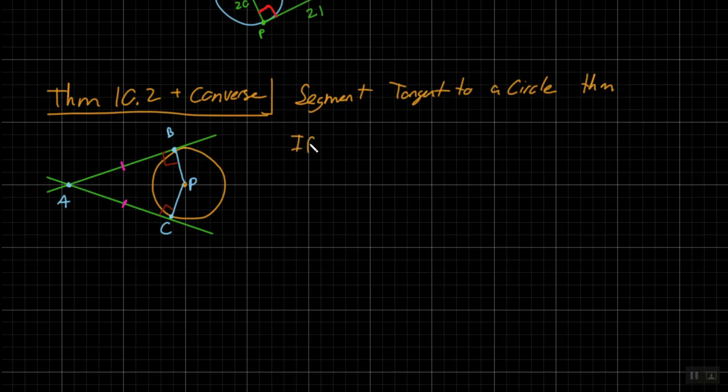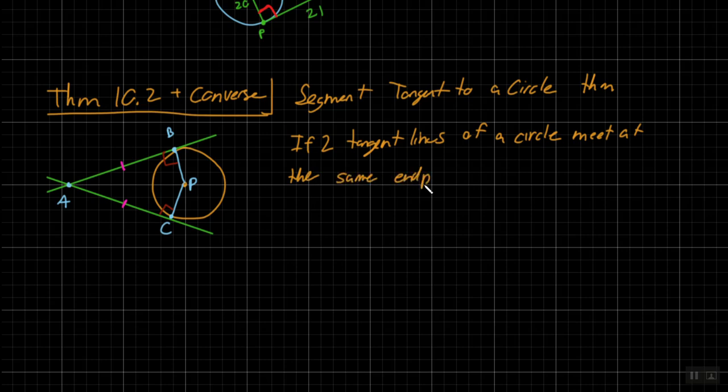So if 2 tangent lines of a circle meet at some point outside, so in this case it's A, meeting outside there, so they meet at the same endpoint, then the segments are congruent.